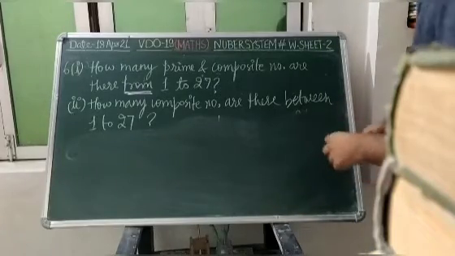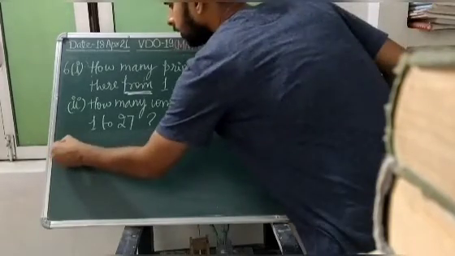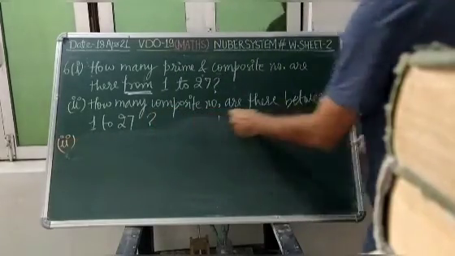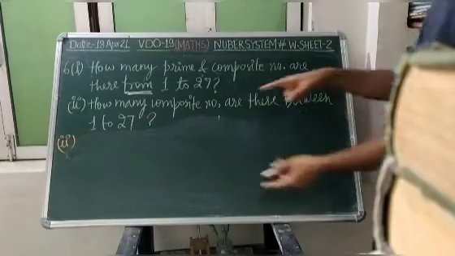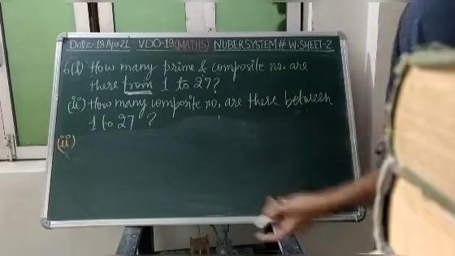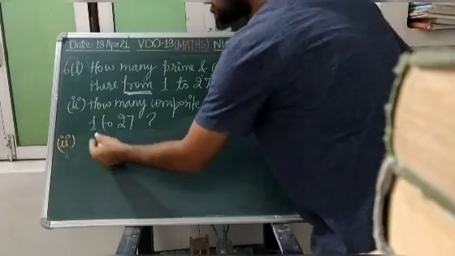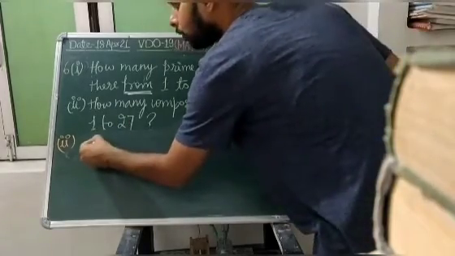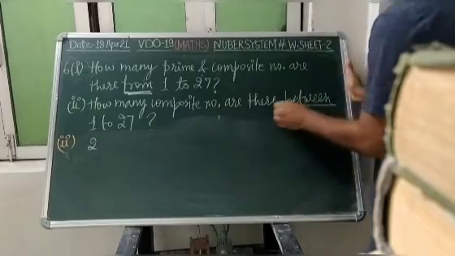Now the second part: how many composite numbers are there between 1 to 27? Between 1 to 27 means that we will ignore 1 and 27. We will start from 2 when they are saying between.